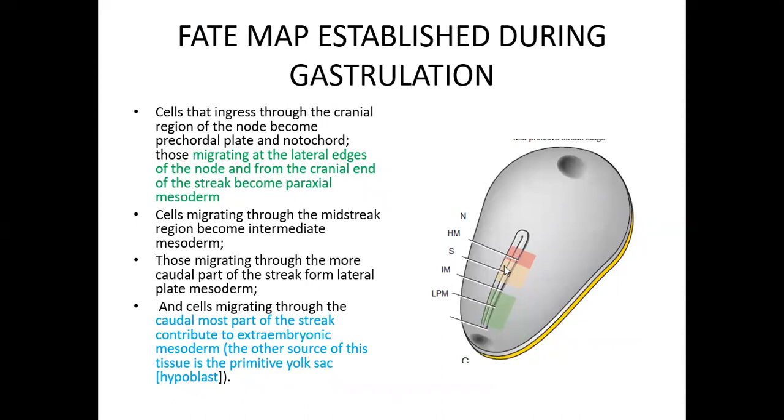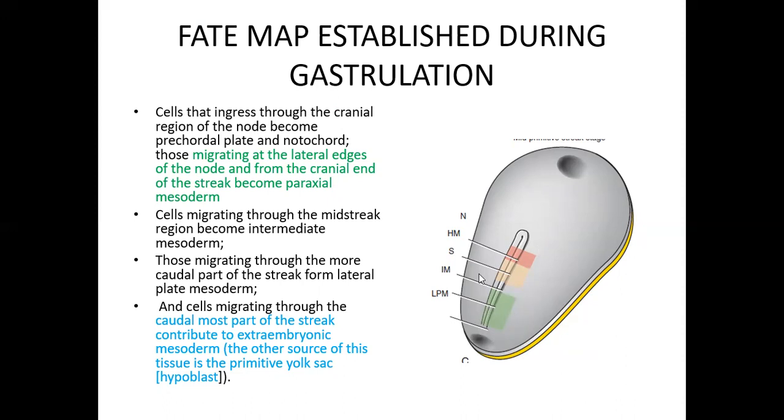The mesoderm is now organizing into three parts: the paraxial mesoderm, the intermediate mesoderm, and the lateral plate mesoderm. Cells migrating through the mid streak will form the intermediate mesoderm, and those migrating more caudally will form the lateral plate mesoderm.